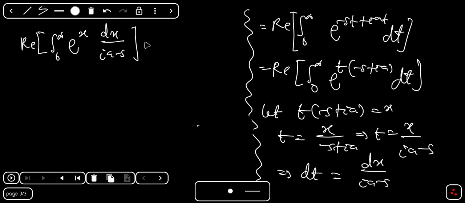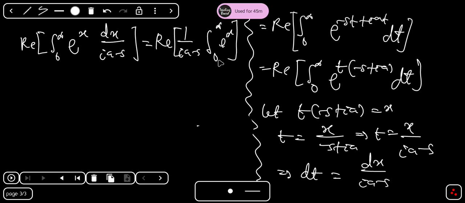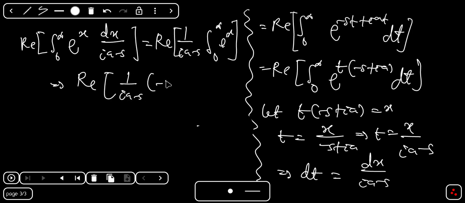Okay, so this will be equal to, bringing out 1 over ia minus s, the real part of 1 over ia minus s, multiplied by the integral from 0 to infinity of e raised to the power of x. If you find the integral of e raised to the power of x from 0 to infinity, that should give us minus 1. So what we have now is the real part of 1 over ia minus s, multiplied by minus 1.